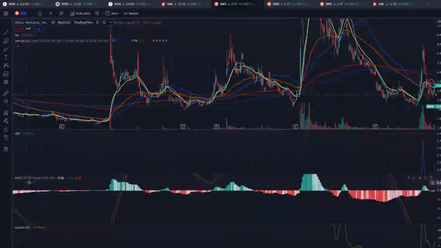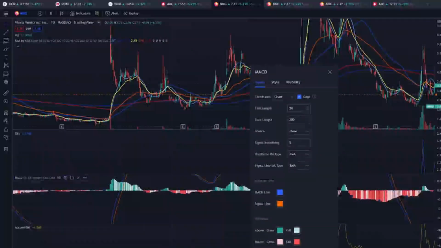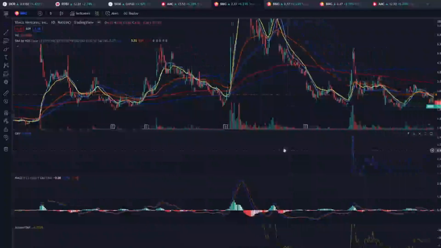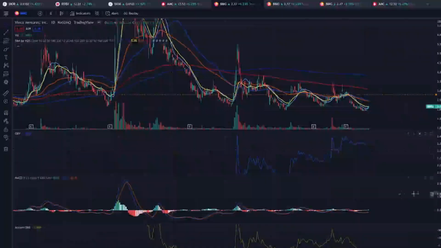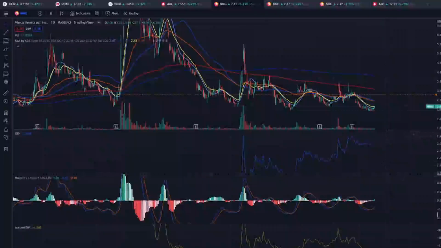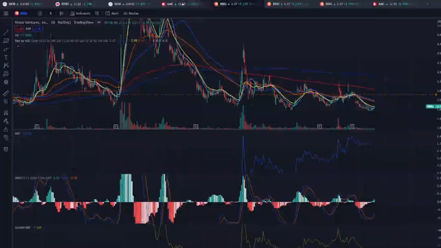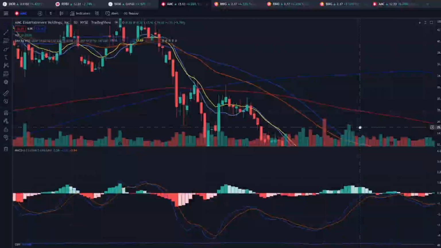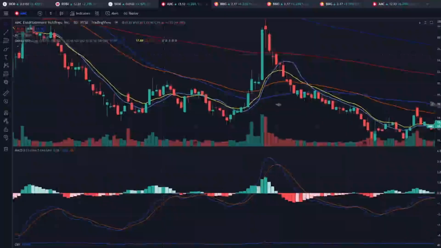But since I typically don't trade in these kind of constants, I use these for overall trend identification, because I don't want to trade against the overall trend. You can do it, but you're just making it more difficult for yourself. Oh, I was on BBIG even. I wasn't even on AMC. Whatever.